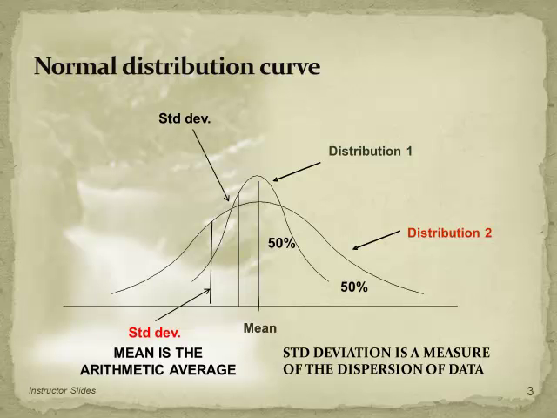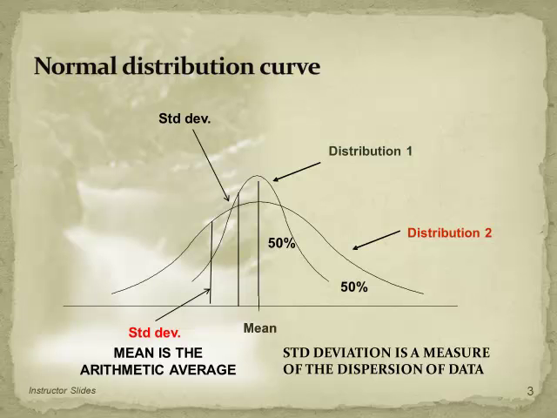And the other 50% of the data will reside to the left of the mean and all the way out to negative infinity. So it is perfectly symmetrical around the mean.